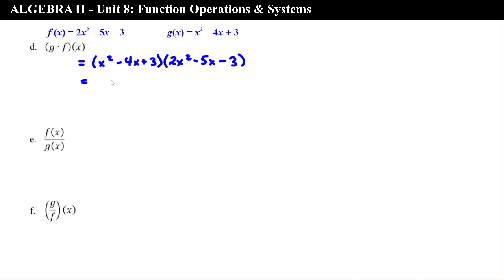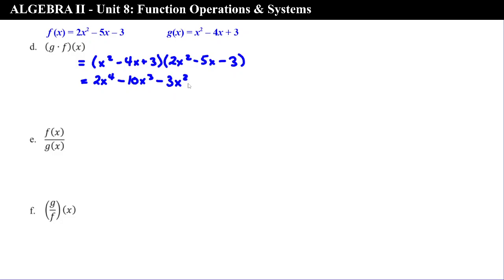So when we do that, we get x squared times 2x squared, which gives us 2x to the fourth. Then we get x squared times negative 5x, which is negative 10x to the third. Then you get x squared times negative 3, which gives you negative 3x squared. Now we move on to the middle term.